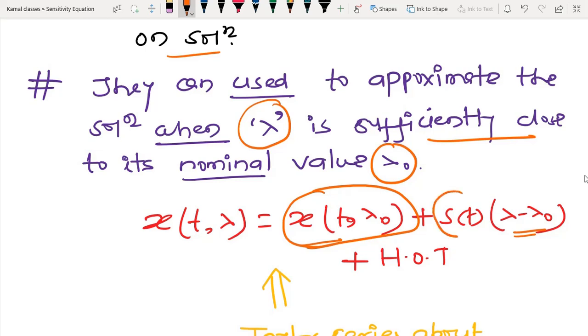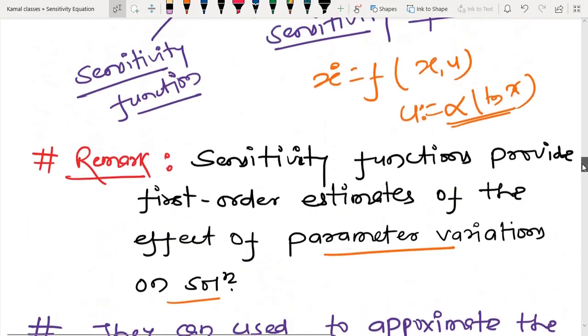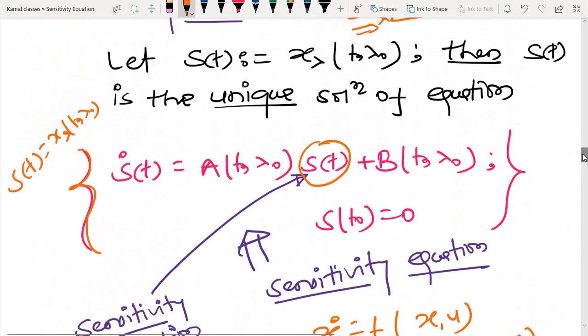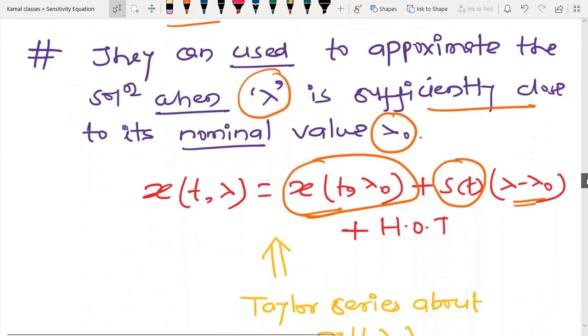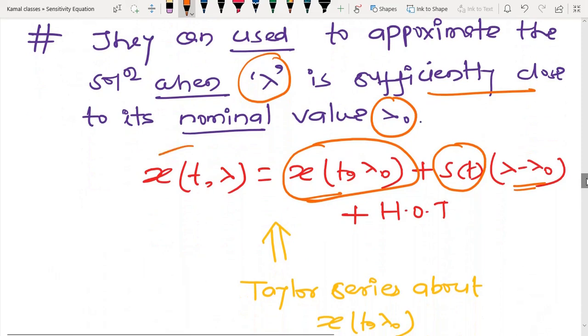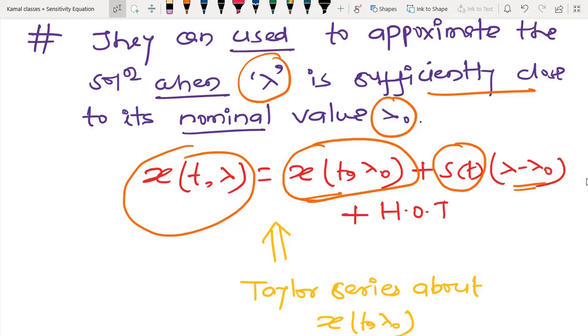And S_t is the sensitivity function, and we know how to calculate this S_t. It is the solution of this equation. If I solve this equation, that will generate S_t, and from here I am able to estimate the future state after the variation of this parameter lambda 0 to some general parameter lambda.